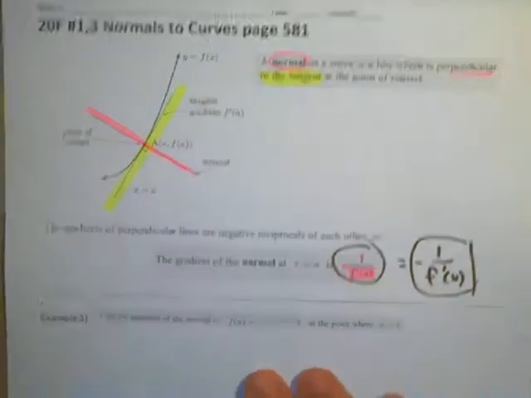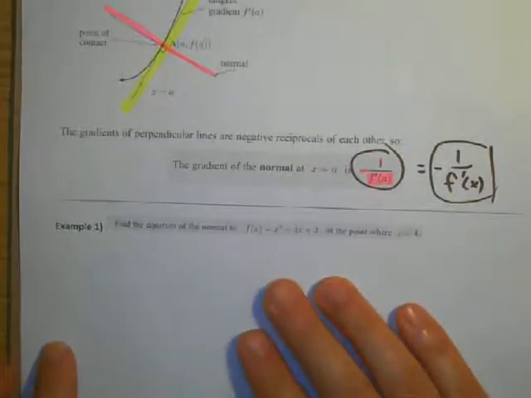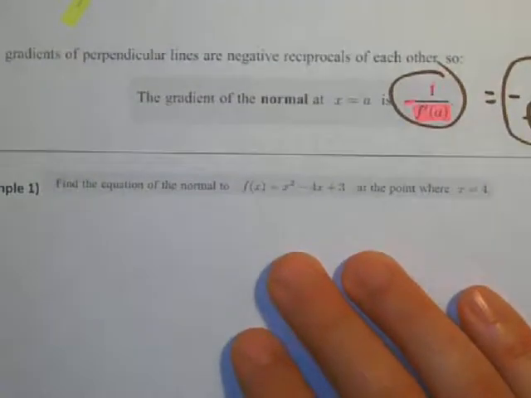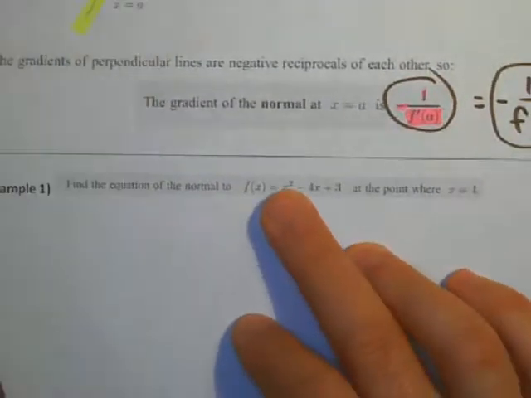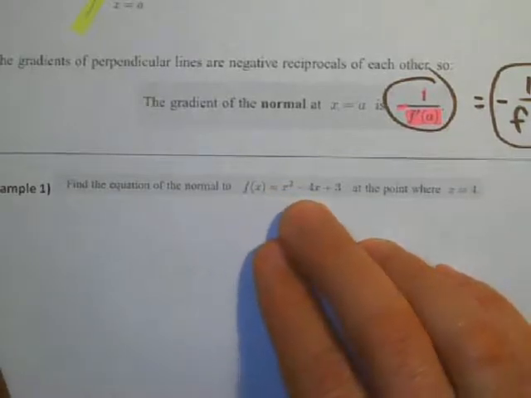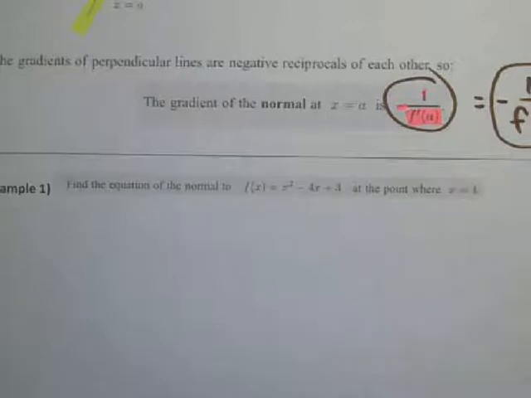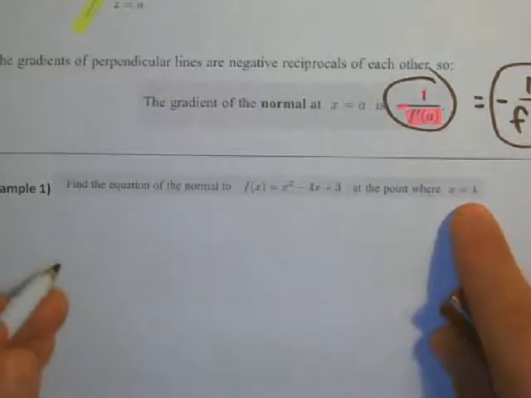Let's do the first example, and this example is in your textbook on page 580. Find the equation of the normal for f of x equals x squared minus 4x plus 3 at the point x equals 4.